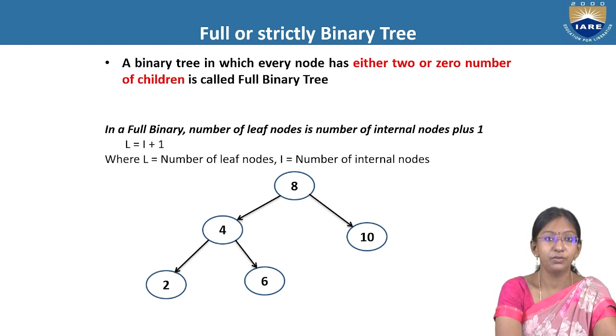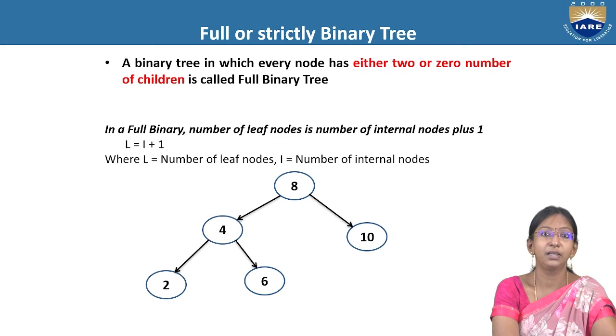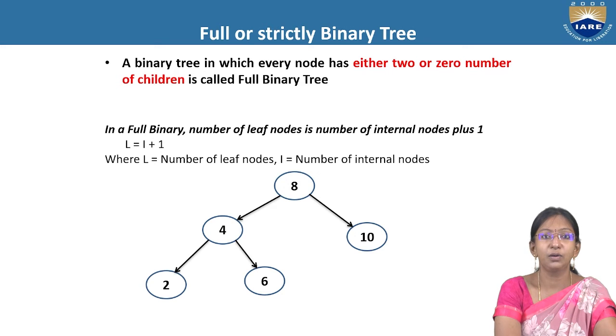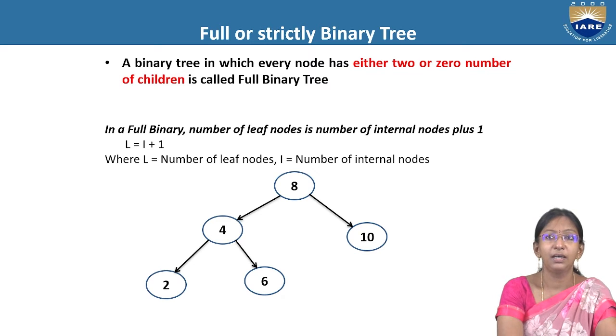Have a look at the tree which I have given. Here every node have either 0 or 2 children. So with that you can conclude that the number of internal nodes plus 1, add 1 to the number of internal nodes, you'll get the number of external nodes.